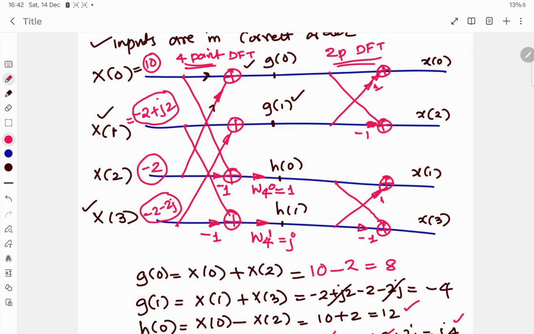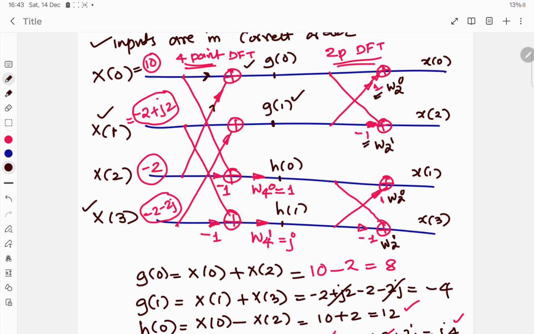Now we'll move on to the next phase. In this phase, we are going to implement the 2-point DFT, which means that two lines are to be selected, and the coefficients are 1 and minus 1. The powers will be w2 to the power 0 and w2 to the power 1, which will give you 1 and minus 1.